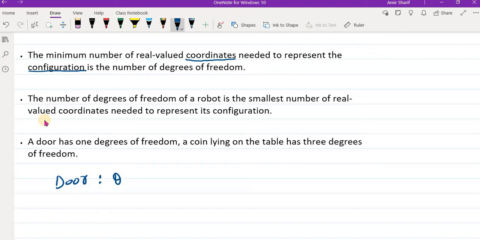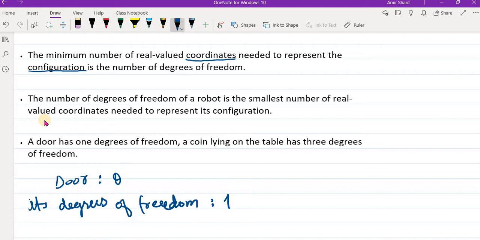So it means if your door can be represented by 1 coordinate, its degrees of freedom is 1, because its configuration can be represented by 1 coordinate, which is theta.